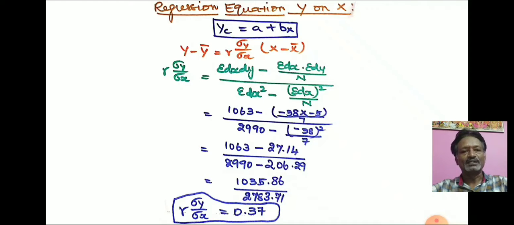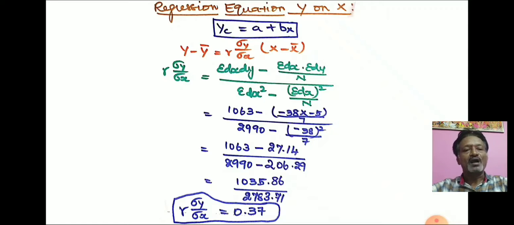That is equal to 1063 minus 27.14, the whole divided by 2990 minus 206.29. So that is equal to 1035.86 divided by 2783.71, and that value is equal to 0.37. So the regression coefficient y on x is equal to 0.37.